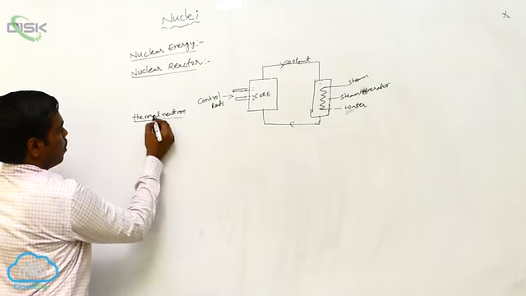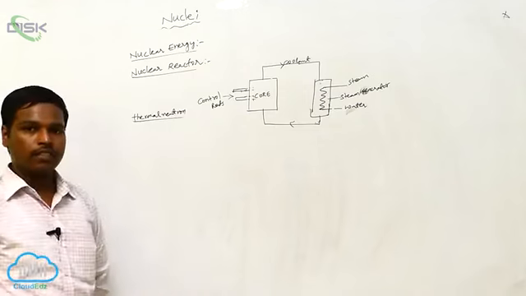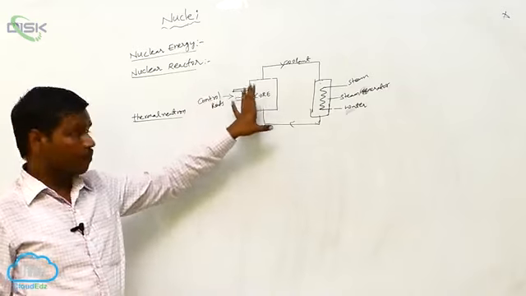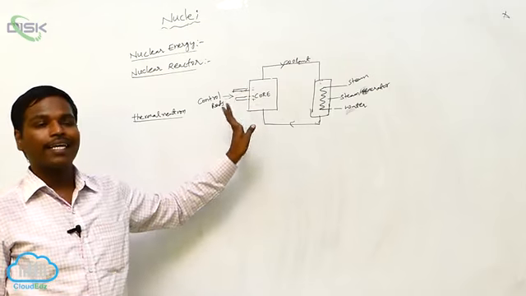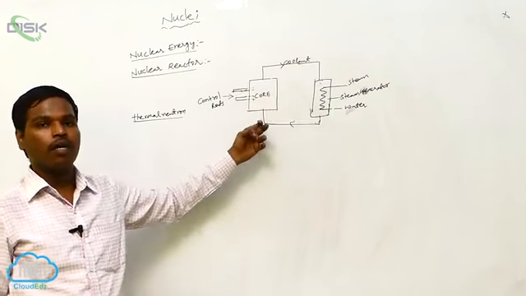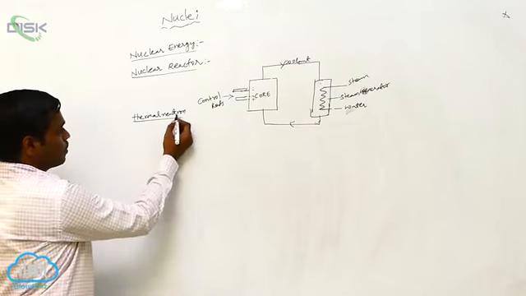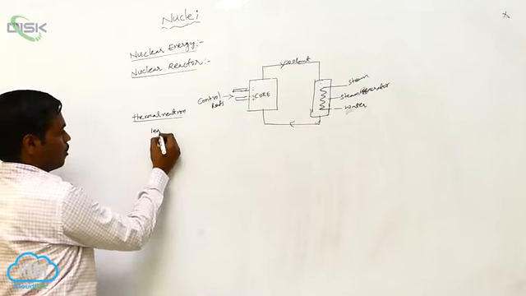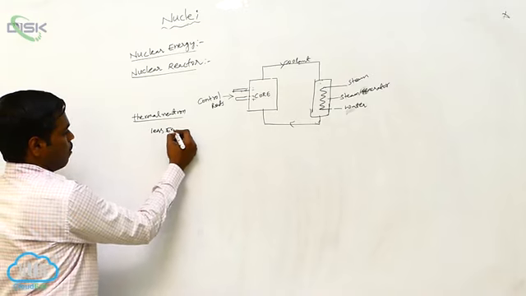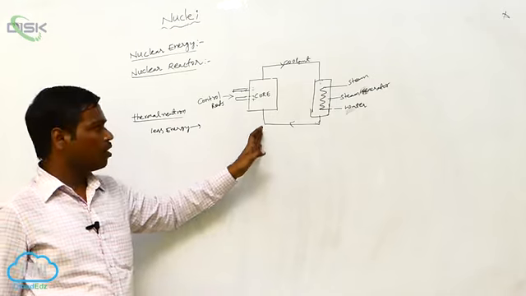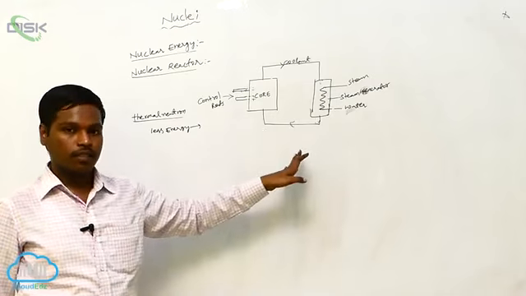If these thermal neutrons have more energy, then they do not collide with the fuel, and they escape. If the thermal neutrons have less energy, then they can collide with the fuel to continue the process.